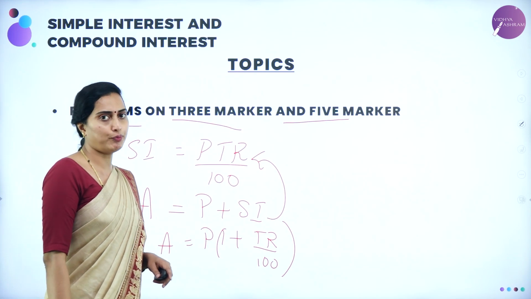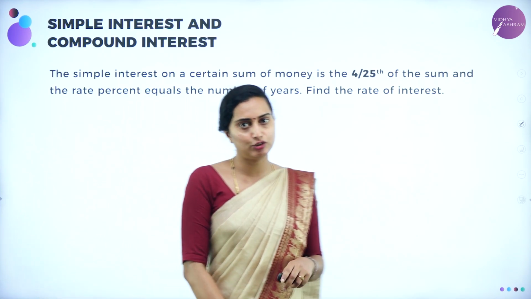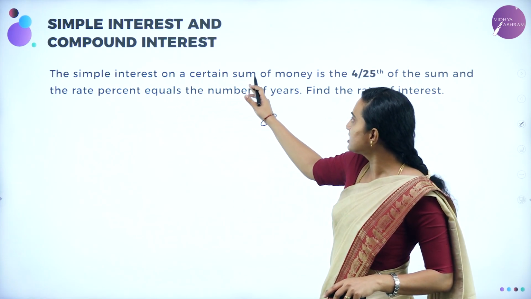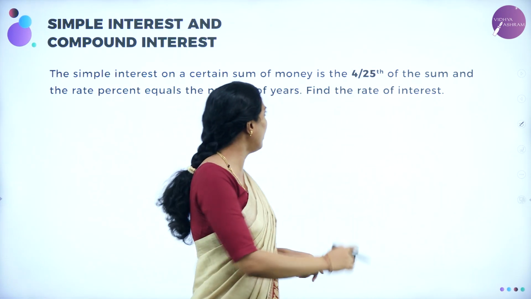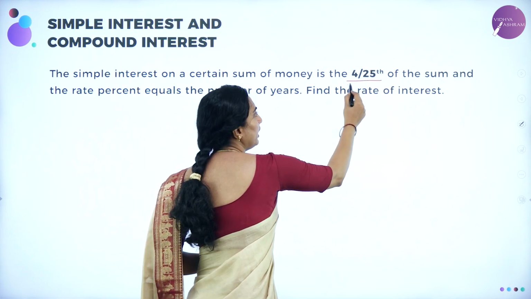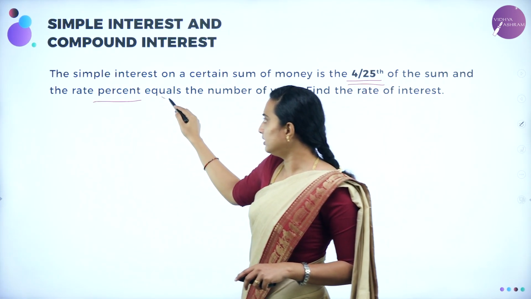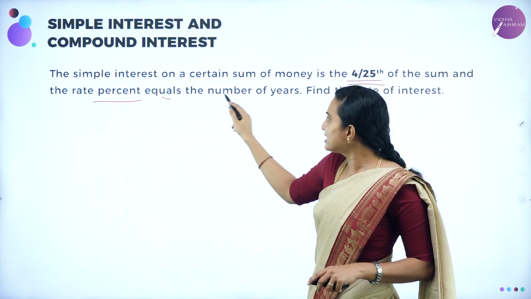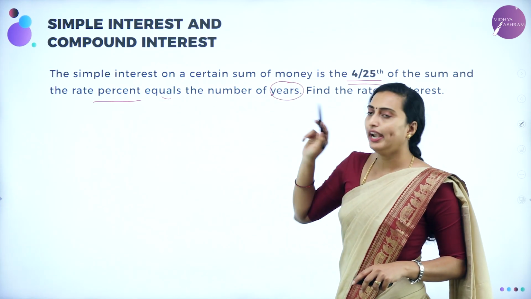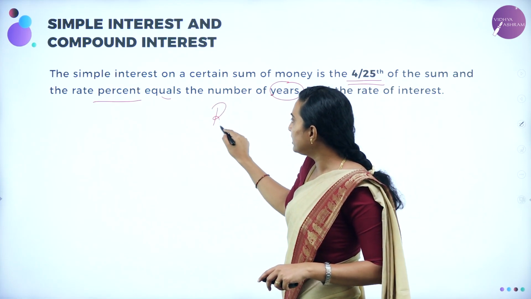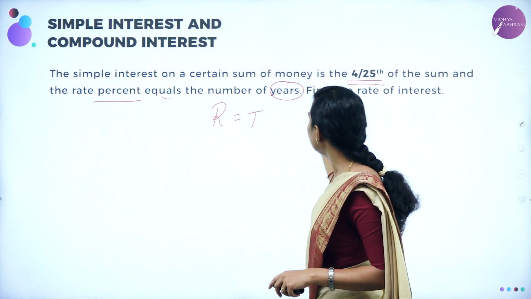So, we'll look into the problems of first, the 3-marker. Here, the simple interest on a certain sum of money they have asked is 4 by 25th of the sum, and the rate of percentage equals the number of years. So, rate of percentage is equal to the number of years, meaning R equals T, they have given.